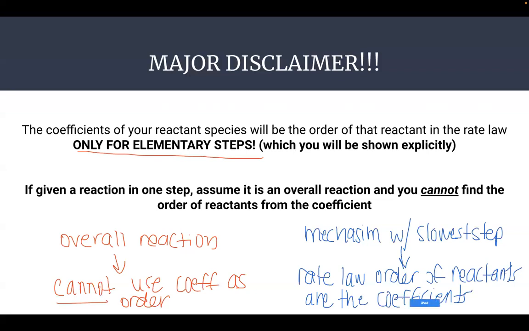So hopefully this distinction is clear. You will only use the coefficients for the slowest step in your reaction mechanism. But if I'm given one chemical reaction, we assume it's an overall reaction, and you cannot use coefficients to identify the order of your reaction.